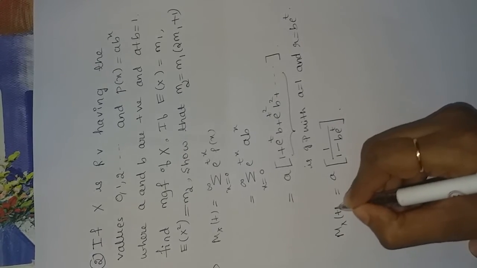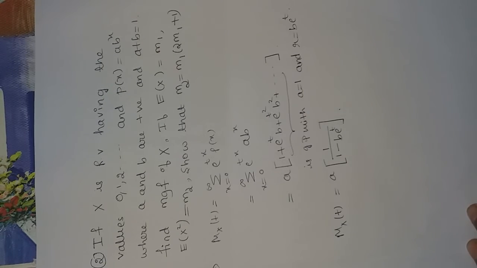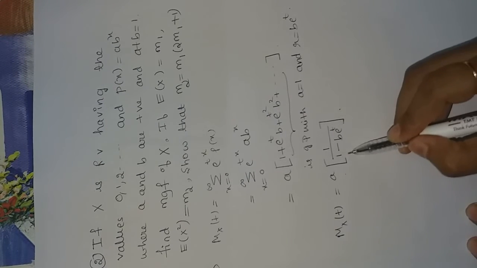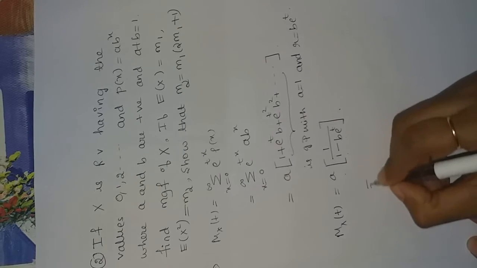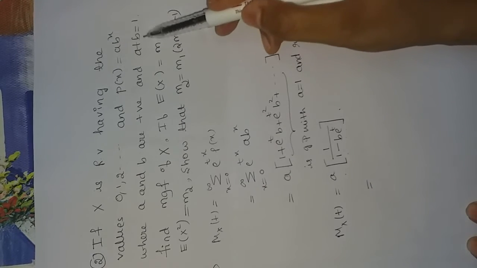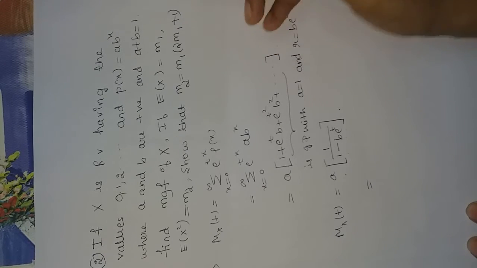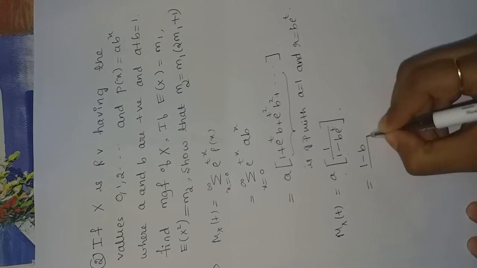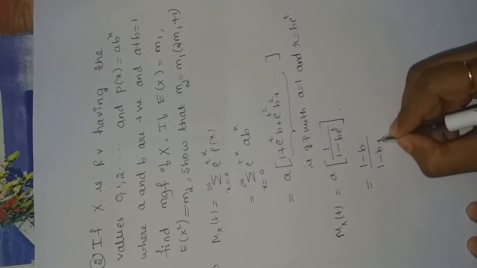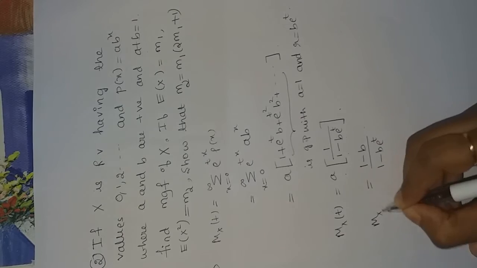So the moment generating function of the given random variable is a upon 1 minus b into e power t. Further, it is given that a plus b equals 1. So we can write a as 1 minus b, giving 1 minus b upon 1 minus b into e power t.